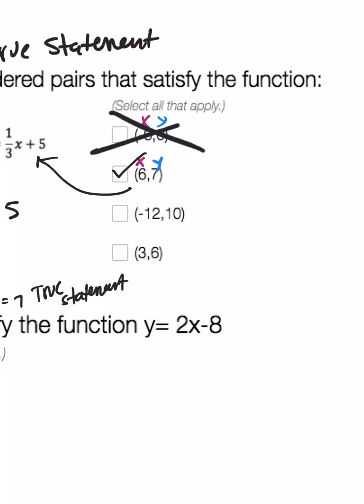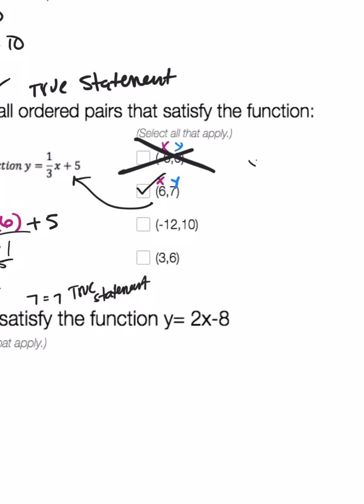Alright. Y equals 1 over 3 x plus 5. Okay, we don't need y, we don't need x. We're going to substitute for y, and you're going to substitute for x. So what is y? 7. What is x? 6.